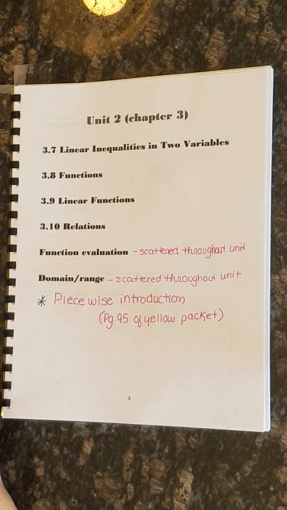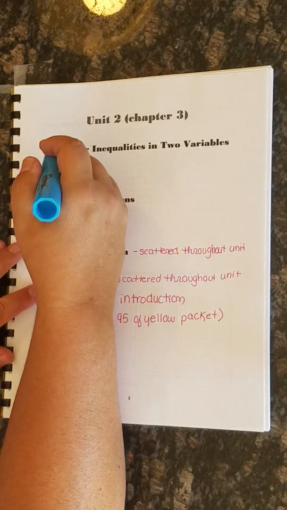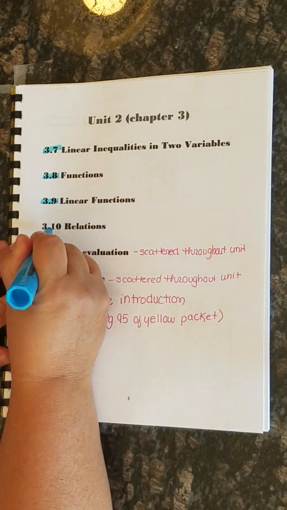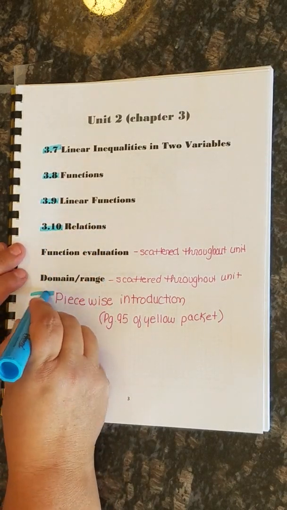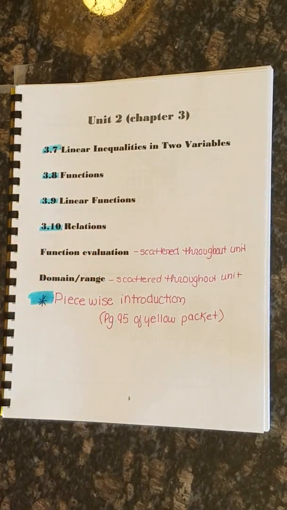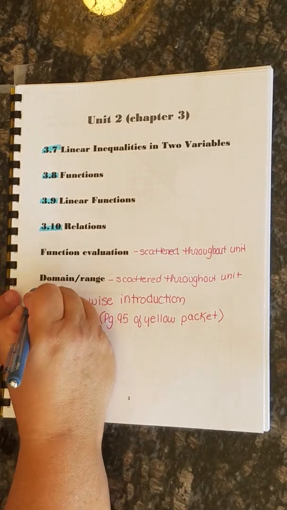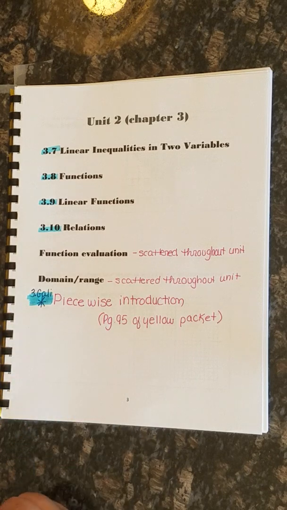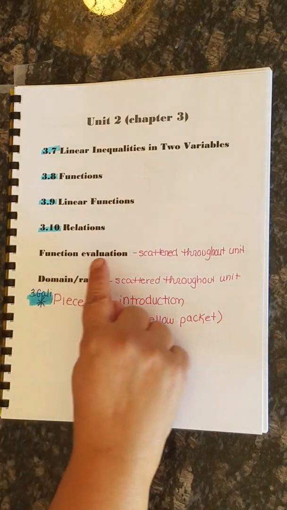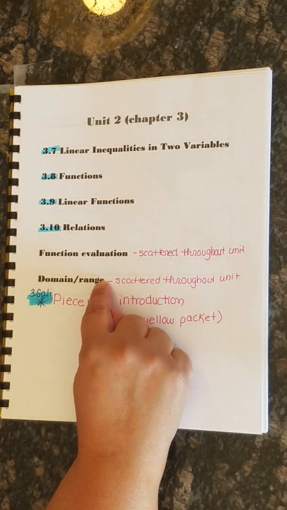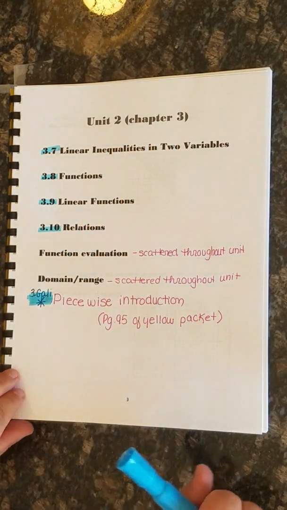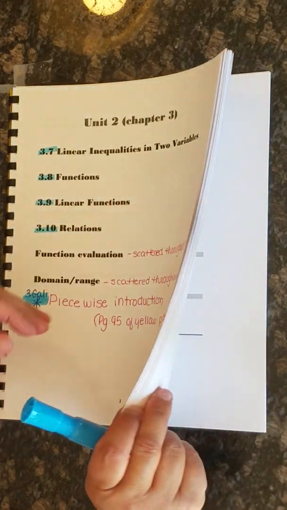Then there is a new section I have to add. After sections 3.7 through 3.10, we'll call the next one 3 point golly, where we are going to work on piecewise functions. The function evaluation and the domain and range are topics found within these sections, and the piecewise function is found on page 95 of this packet.